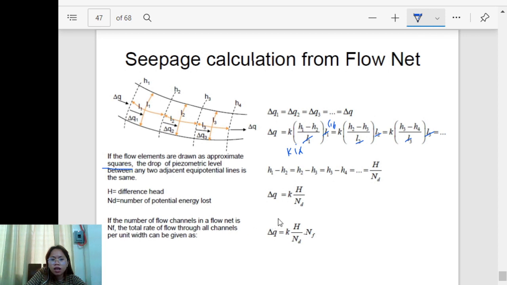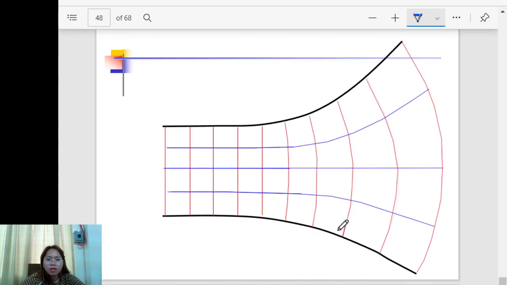So that is why the total rate of flow, delta Q, is equal to the coefficient of permeability of the soil times the H. Since they are the same, H1 minus H2 is just equal to H2 minus H3 or H3 minus H4, and so on and so forth. That is, we can denote as general big H over the number of potential energy lost. To better understand, we'll have an example later.